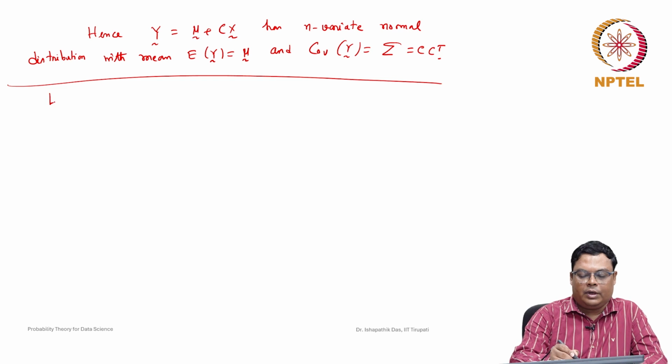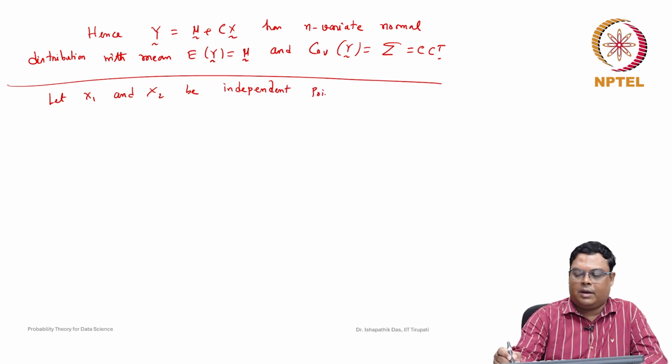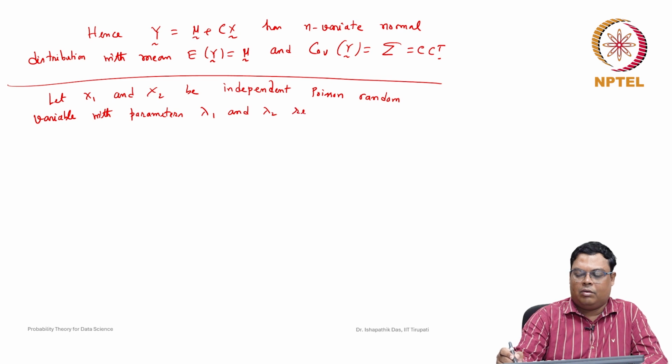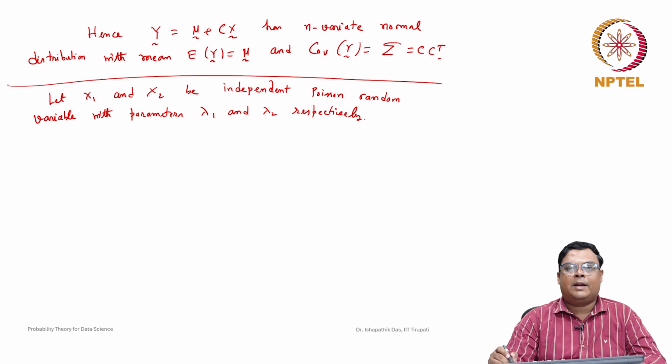Let x1 and x2 be independent Poisson random variables with parameters lambda 1 and lambda 2 respectively.